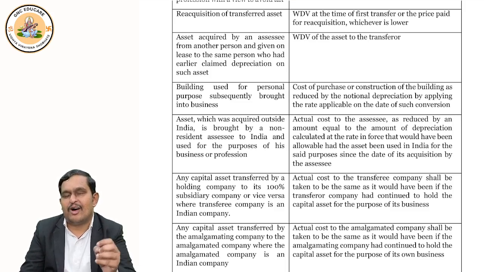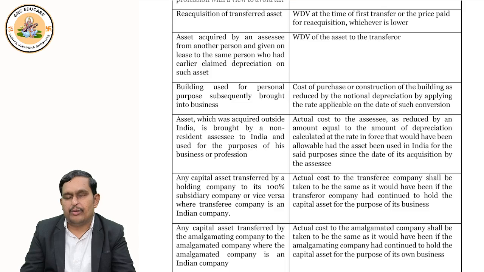Take the actual cost as it is. So for a building from personal to business, actual cost minus depreciation for so many years, and the balance WDV is your cost. But for all other assets first used for personal and then brought into business, take the direct actual cost. This way you should be able to understand the topic.